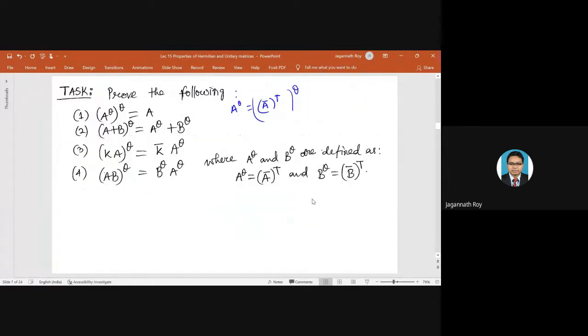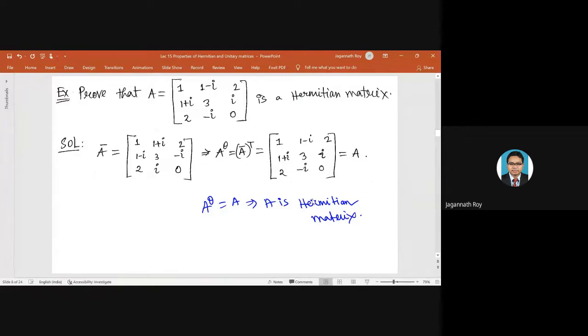Now these are easy tasks to verify. I would leave it as an exercise. Verify these relations. And the next thing is to prove that any given real matrix is a Hermitian matrix. So what we have to do?